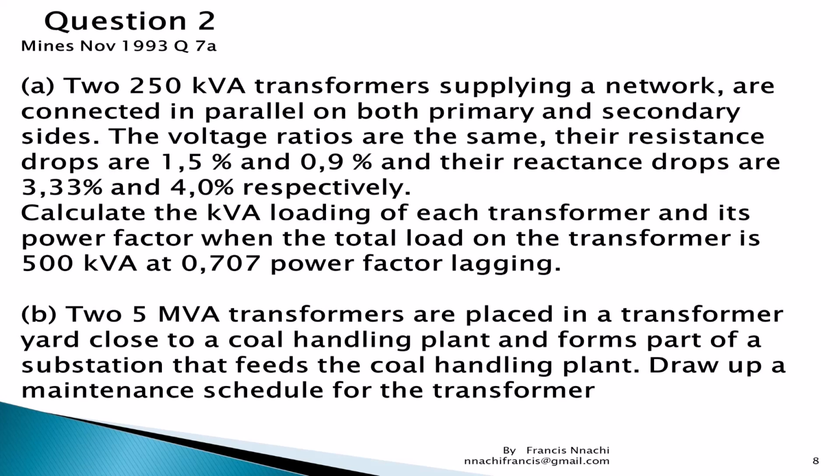Calculate the kVA loading of each transformer and its power factor when the total load on the transformer is 500 kVA at 0.707 power factor lagging. Then question number 2, two 5 MVA transformers are placed in a transformer yard close to a coal handling plant, and form part of the substation that feeds the coal handling plant. Draw up a maintenance schedule for the transformer.